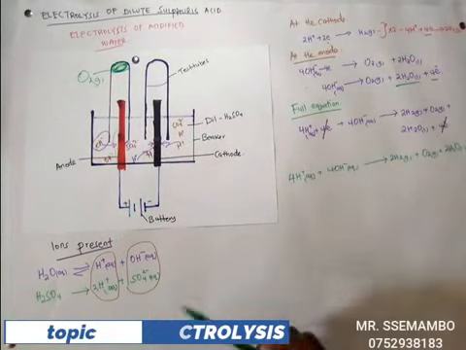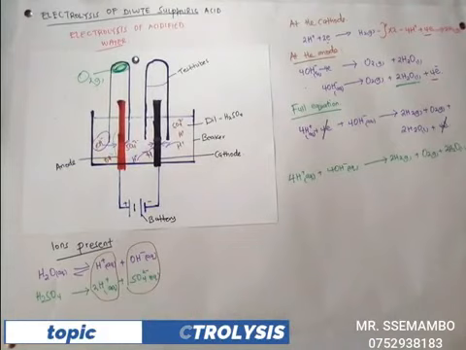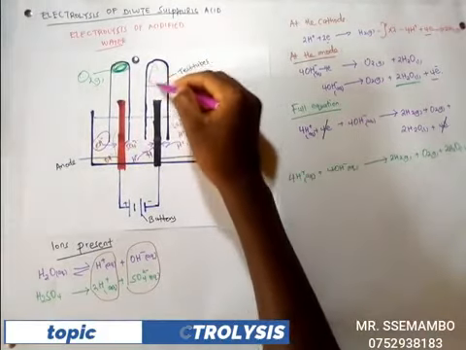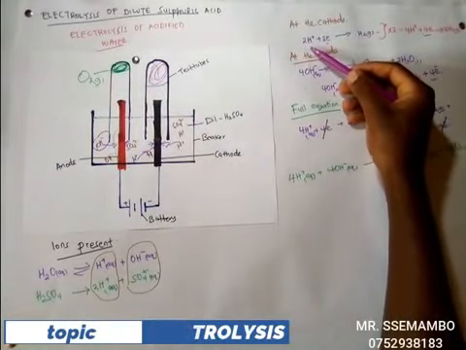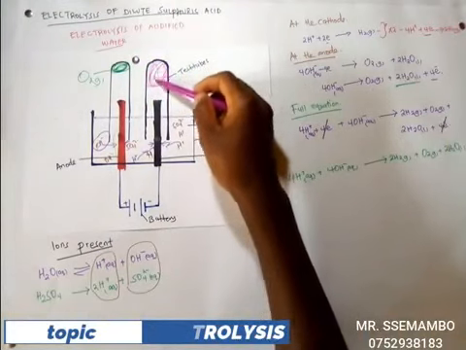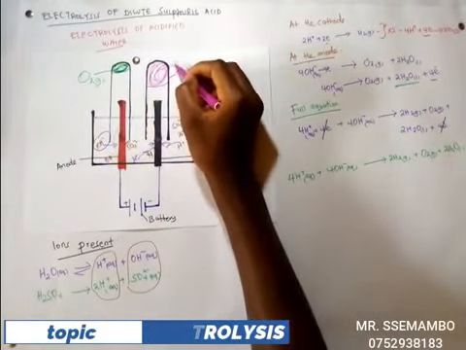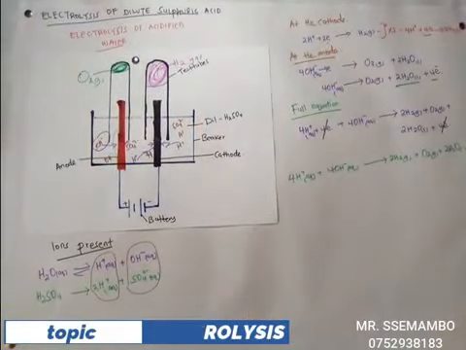Then in the first equation at the cathode, we have another gas collected around here, because hydrogen ions are being discharged to give us hydrogen gas. So in the second test tube, we have hydrogen gas.